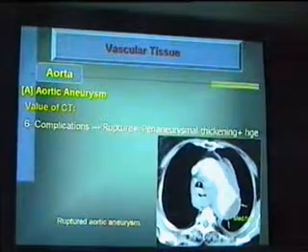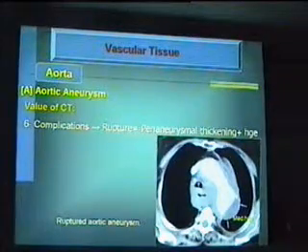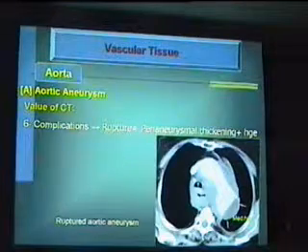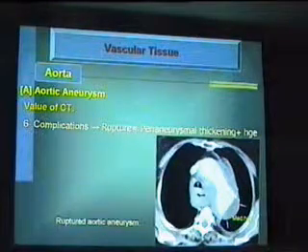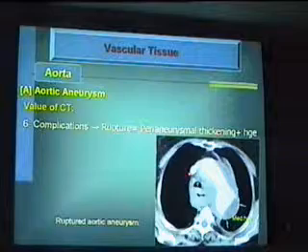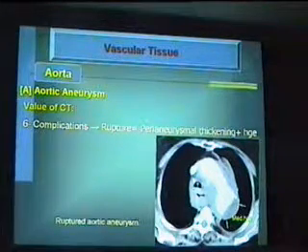This case was presented last session in the MR lecture, in the lung cyst, a case of ruptured aortic aneurysm. That's the superior vena cava and the trachea, and this is the esophagus.